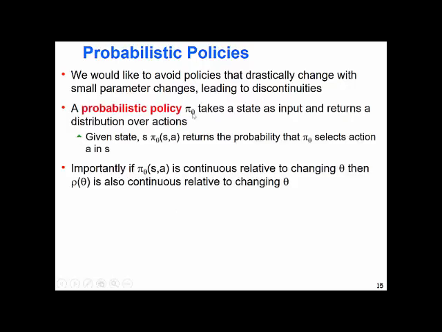A probabilistic policy, pi theta, just takes a state and an action as input and returns a probability of taking that action. So the sum of the probabilities over A has to be 1. Given a probabilistic policy, you can just sample an action from that policy, and you would take that action online.